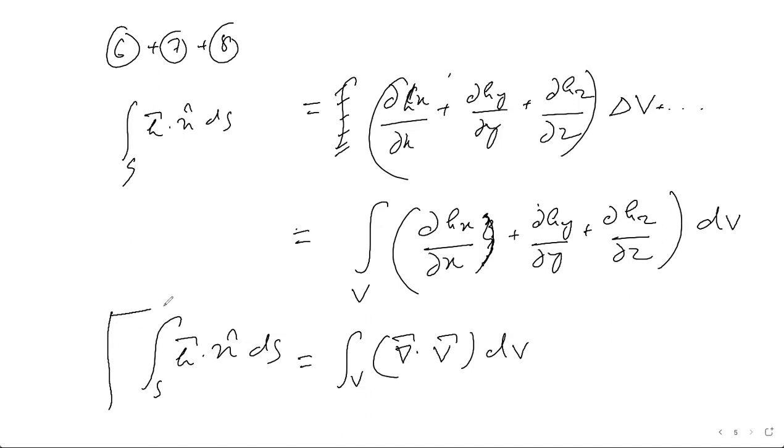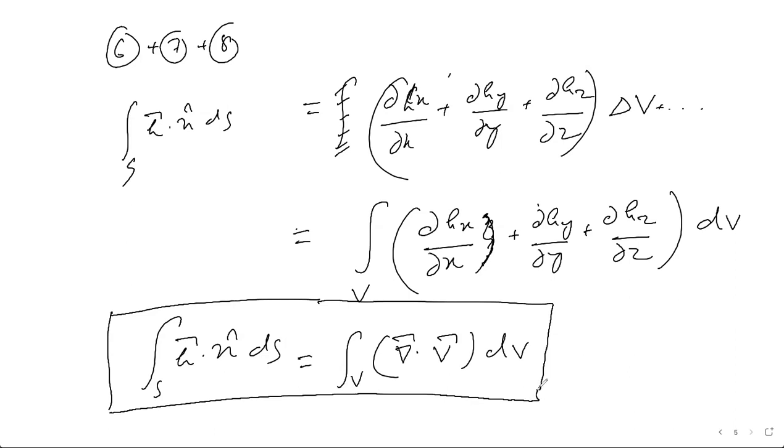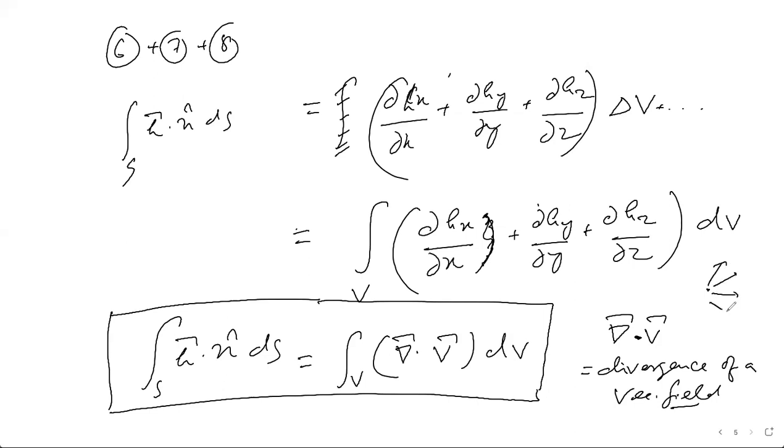What I said previously is that when we look at the meaning of these terms, for example, when someone asks you what you mean by del dot v, you say del dot v is divergence of a vector field, right? That's the name. And you also give the interpretation, for example, there is a charge, the charge produces an electric field, and the electric field is flowing out.